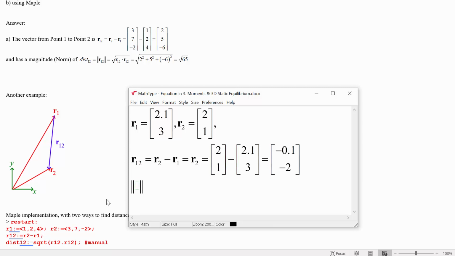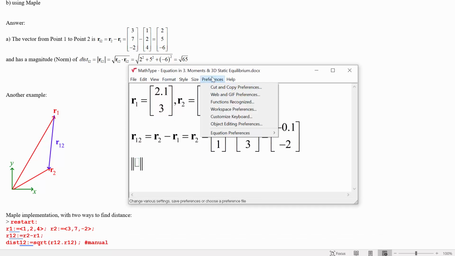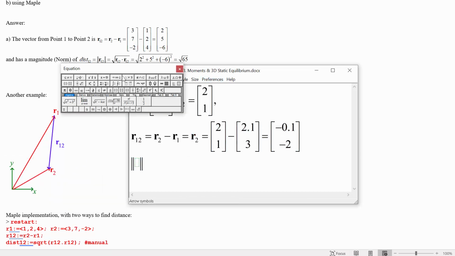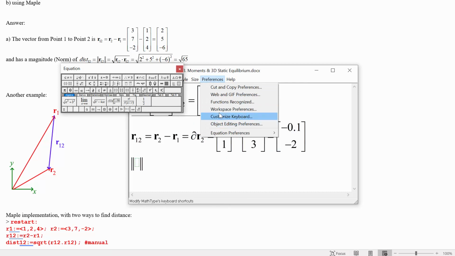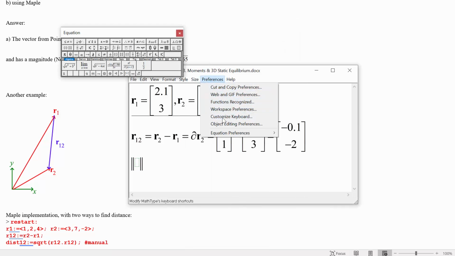There isn't actually a hotkey for this one in MathType by default, so you have to assign it. In case anybody's using MathType and cares about that, the way that I do this is you hit F5 to bring up this menu, find the symbol that you want, like the del symbol or something, and then go into Preferences, Customize Keyboard. Oh, wait, that's not it. Preferences.